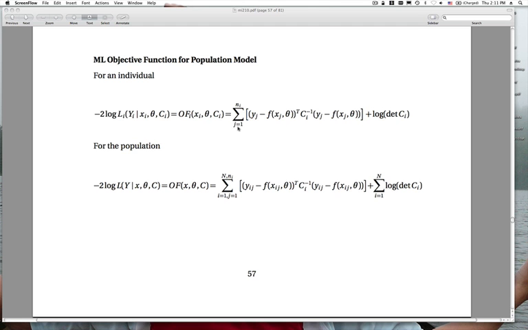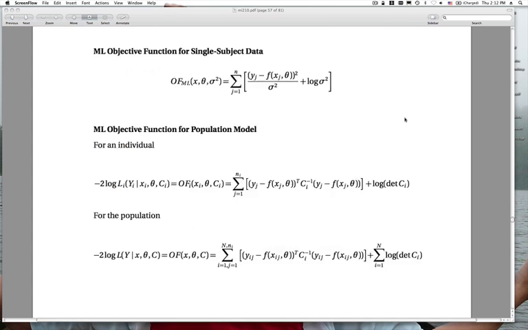So we take a summation across all the points for that one individual of the observed minus the predicted squared. You see here it's a vector transpose times the vector. Essentially here what we're saying is the observed minus predicted squared times 1 over C sub i, or in other words, divided by the variance, plus the log of the determinant of the individual covariance matrix, or in other words, conceptually speaking, the log of the variance.